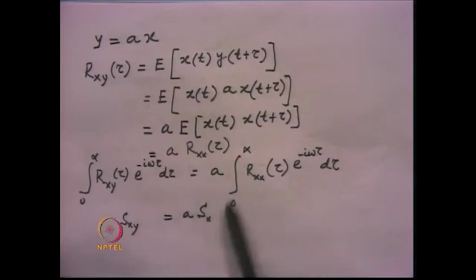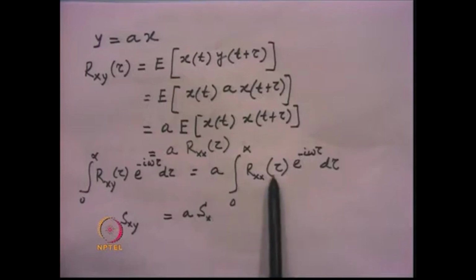This integration of course is from minus infinity to plus infinity, and this we know is equal to Sxy, because in the last lecture we have seen that the cross power spectral density function and cross correlation function form a Fourier transform pair. Similarly, the autocorrelation function and the power spectral density function form a Fourier transform pair. Therefore, this integration becomes equal to Sxx, and this integration becomes equal to Sxy.